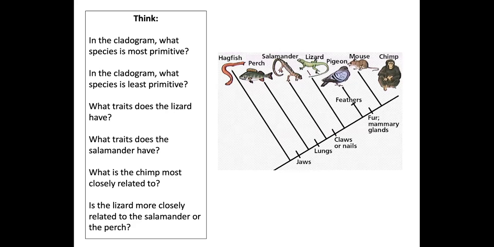Perfect. What traits does the salamander have? Lungs and jaws. What is the chimp most closely related to? The mouse. And is the lizard more closely related to the salamander or the perch? Okay.